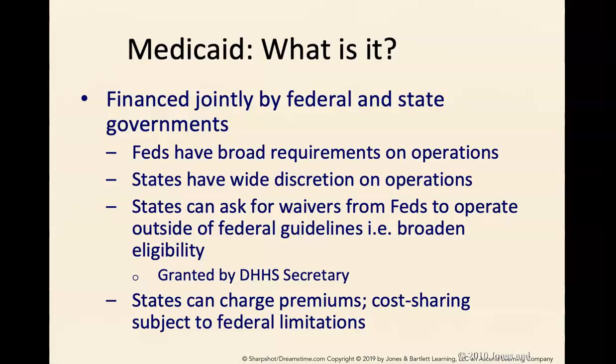For instance, either broaden the eligibility, like you have to include more people, or also include provisions such as work requirements for people in Medicaid. There are some states that have done this. Kentucky is one. And this waiver is granted by the Secretary of the Department of Health and Human Services.